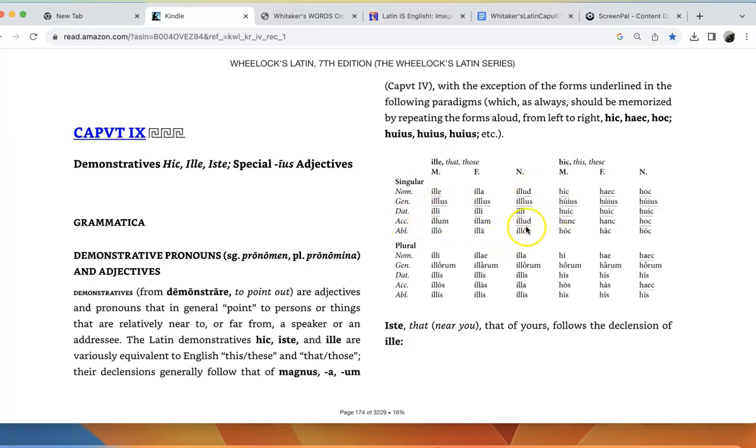And again, we'll probably have some other forms in this chapter just because we're practicing the concept. But in practice, it often means like this man is bad or this man is good, or do you see that bad man or do you see that good man? So in practice, it's as a subject or a direct object, nominative and accusative, where you're likely to see these in unadapted Latin.